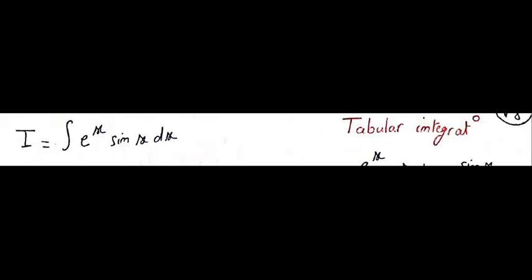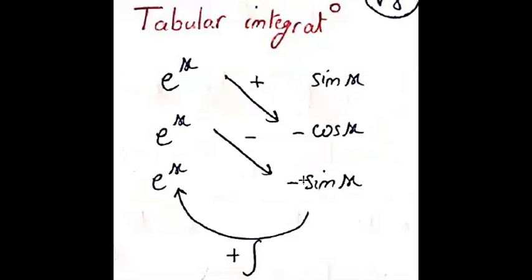But it's not the same version of tabular integration where we have a polynomial, as we have seen in an earlier video, because when we have a polynomial, we put it on the left and we derive until reaching 0. Here we do not have a polynomial. We do not have a function that we can derive until reaching 0. So we are going to use another version of tabular integration.